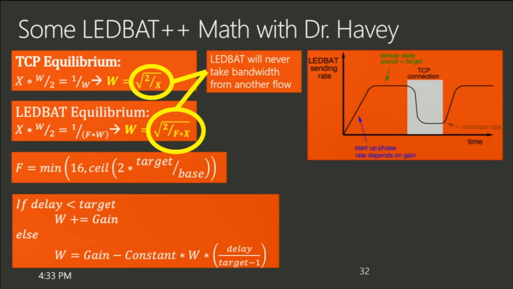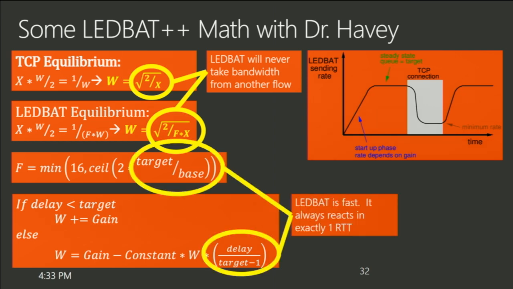LEDBAT will never, ever win this fight. If there's another flow, it will always defer. And then if you take a look at these values here, you have the target delay, base delay. These are based on the RTT. So LEDBAT is fast. Within one RTT, it's out of the way. Within one RTT of the urgent flow being gone or there being bandwidth available, it's going to use it.